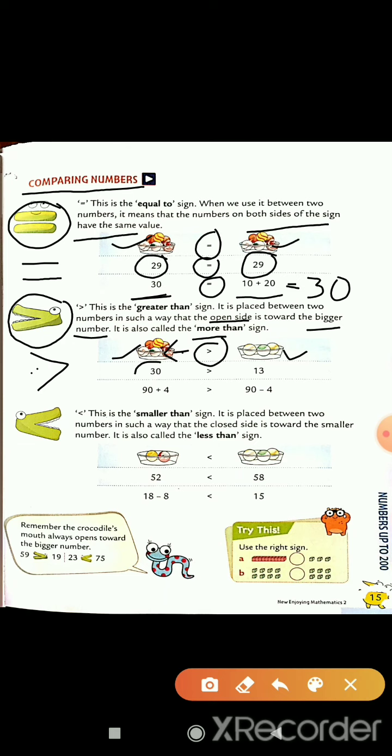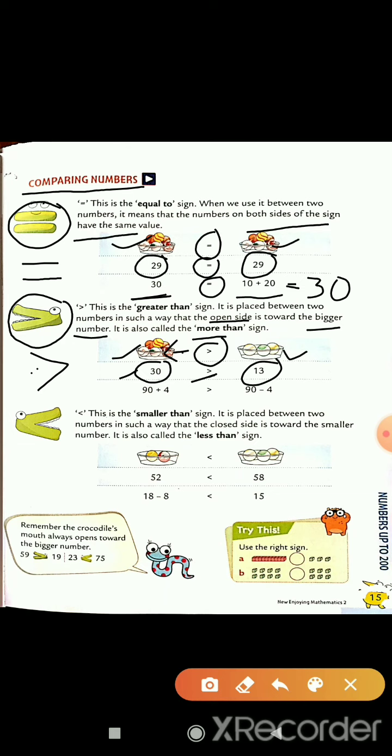Next example, the number 3030 is there, and here the number 1313 is there. Which number is bigger? 3030 is bigger than 1313. So the greater than sign is used. See, the open side of the sign is toward the 3030, that is the bigger number.